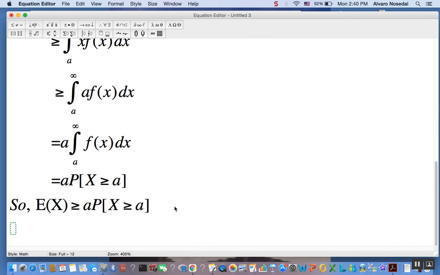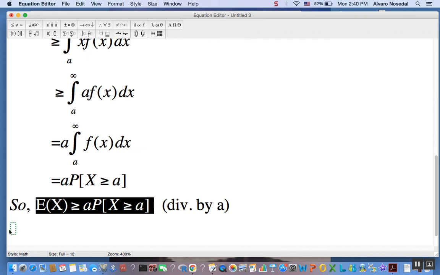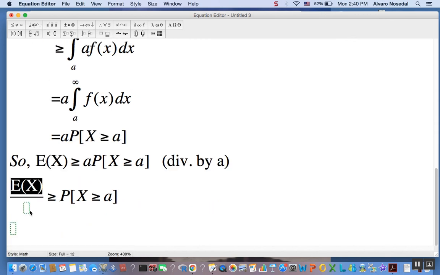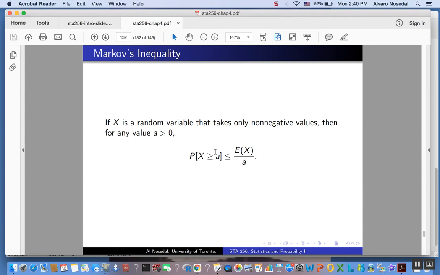So since a is positive, we can divide by a, and the direction of the inequality is not going to change. So, dividing by a, and that is exactly what we wanted to show. Okay?